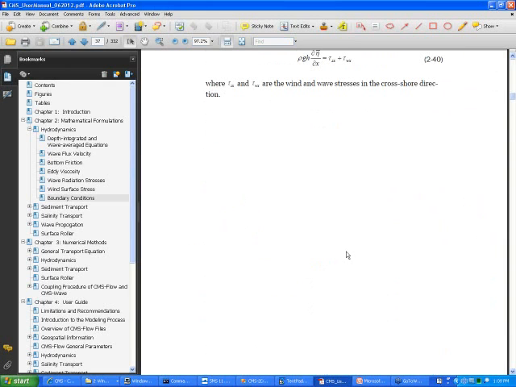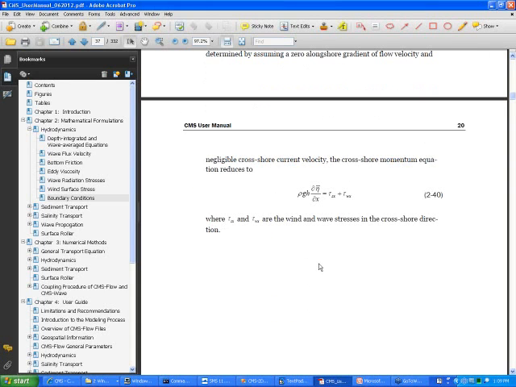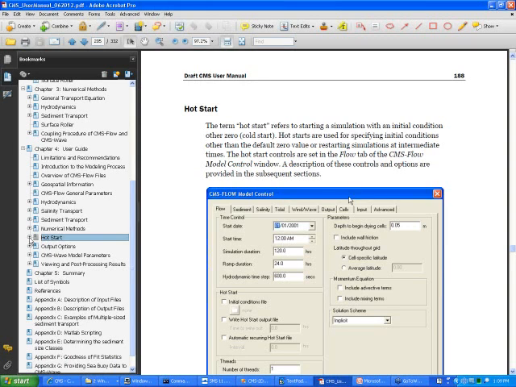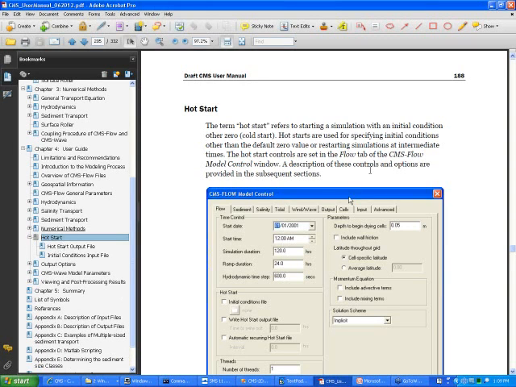And the other topic is the initial condition. The initial condition in CMS has two types, a cold start and a hot start. To see more about that, you can go to Chapter 4, hot start.